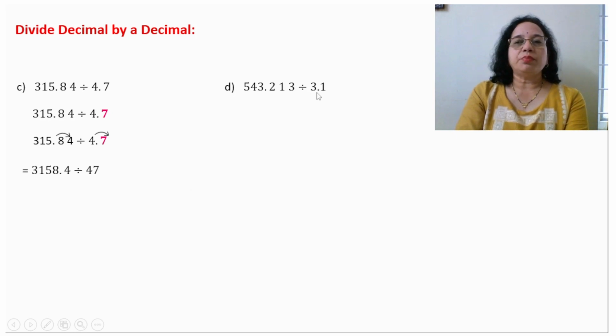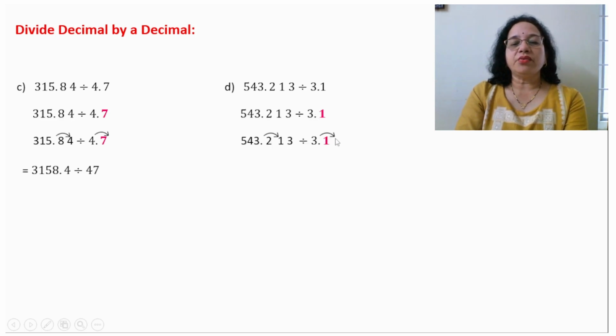Take one more example. Again your divisor, there is a decimal. So we will convert into a whole number by shifting decimal. So decimal place is 1. So one place we will shift towards right hand side in divisor also and dividend also. So the new number will be 5432.13 divided by 31.